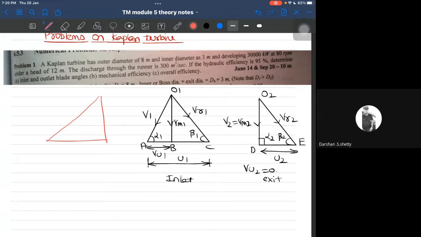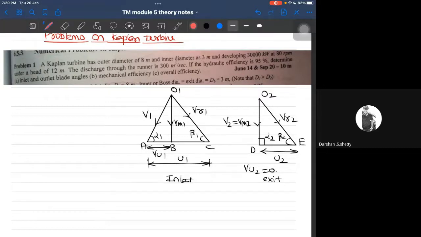Okay, so VR1 would be like this. Okay, in some cases when U1 is lesser than VU1, such things happen. Okay, apart from that, everything would remain same. Okay, so shall we try to solve this problem on Kaplan turbine now?